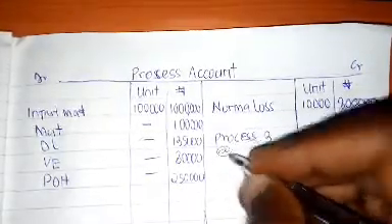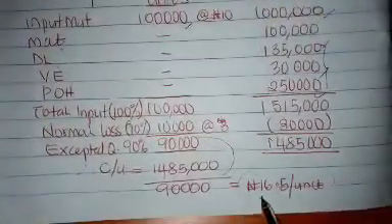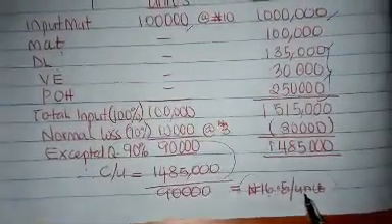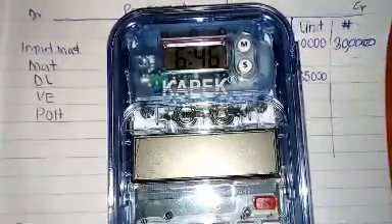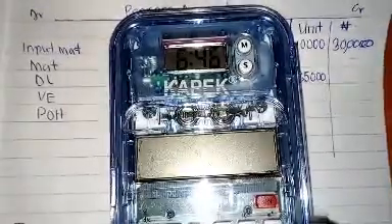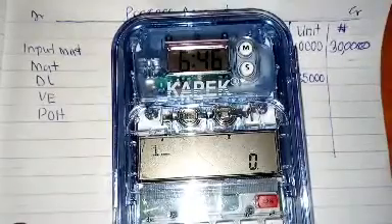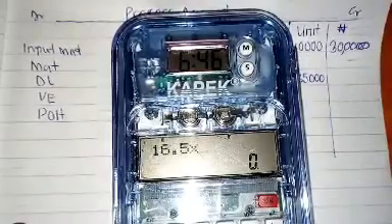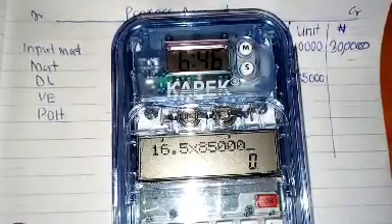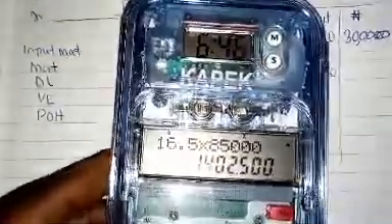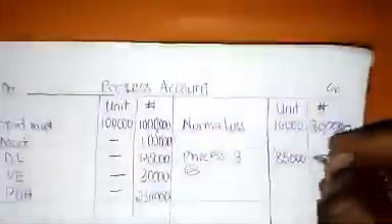At what price? We have calculated the cost per unit, and the cost per unit here is 16 naira 50 kobo. So you pick your calculator: 16.50 multiplied by 85,000 is 1,402,500.